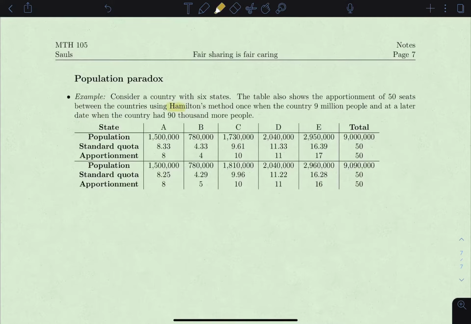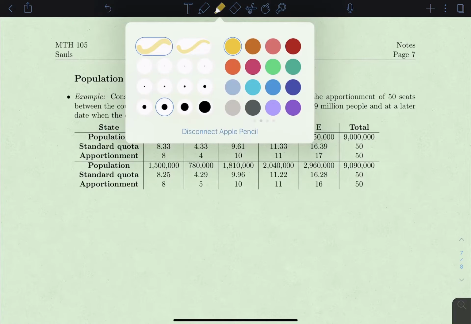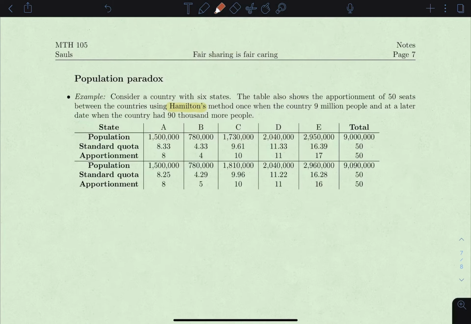An important note is that we're going to use Hamilton's method. The summary information you should keep track of is that we have 5 states. We started with 9 million people, and at the time of the next population count, the census, we had 90,000 more people.